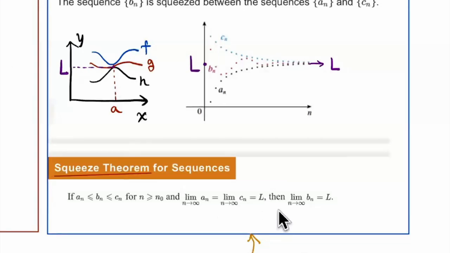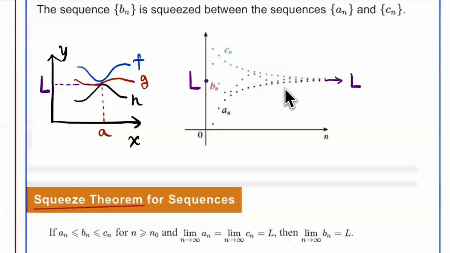And you don't have to start the index from 0 or from 1. What really matters is the end. For example, you can cut it off from some index on, let's call it N naught. After this index, the sequence is between An and Cn. If An and Cn approach the limit L, then the one between them has to go to the same limit. So you just need to compare them from some index on.